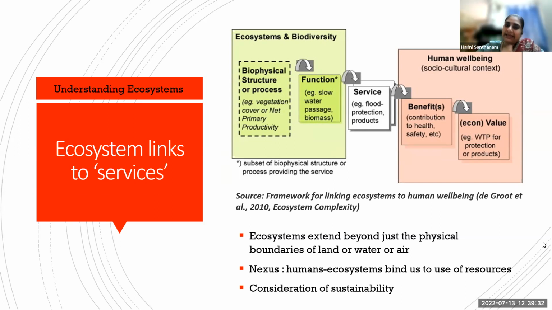Apart from being in existence, being able to support life, they offer other additional services, and services we have discussed in earlier classes, that they can be of different types: provisioning services, regulating services, cultural services, and other services.